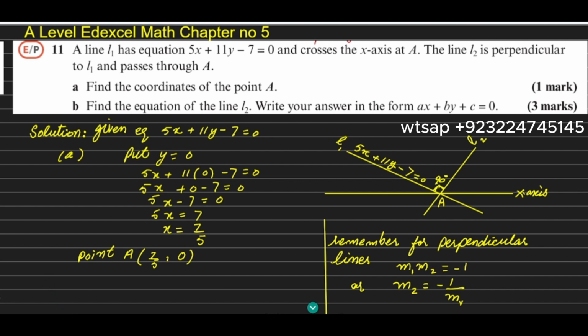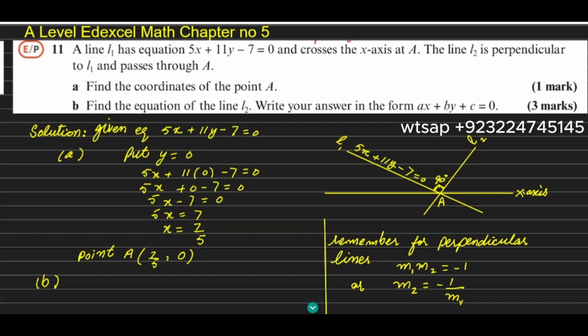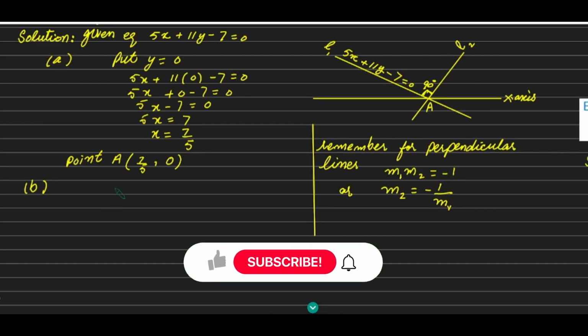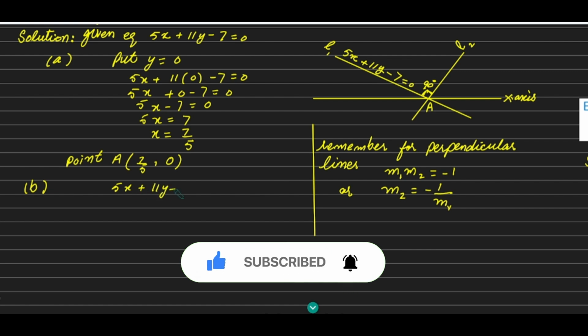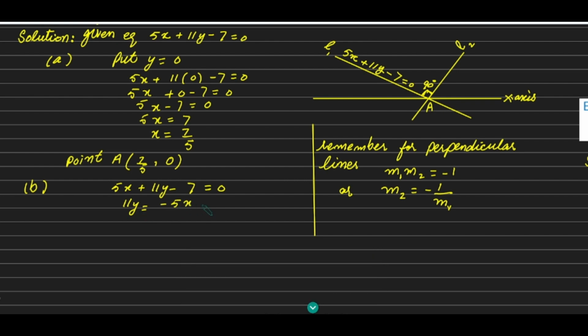Now we have to find the second part. We are given to find the equation of line L2, and we have to write the answer in the form ax plus by plus c. So we solve it. At first we write the given line 5x plus 11y minus 7. 11y equals minus 5x plus 7, and then y will be minus 5x plus 7, divided by 11.